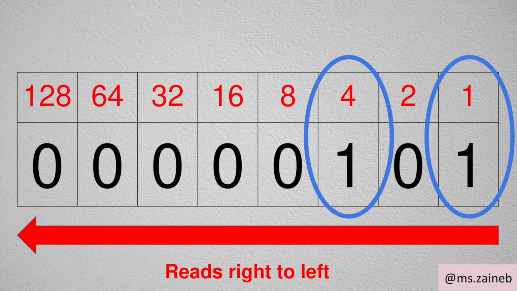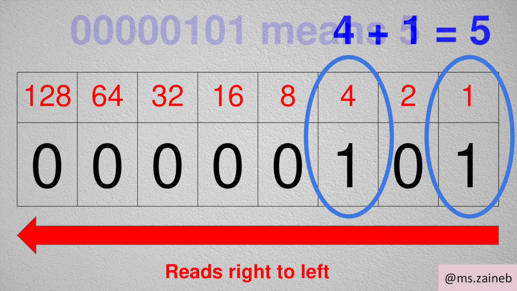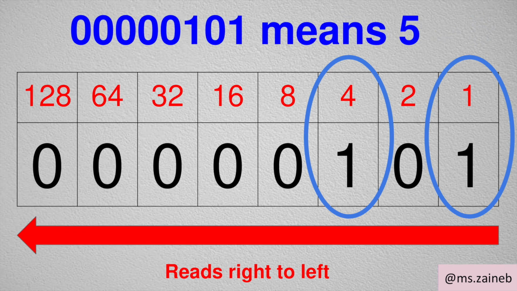Now, all you need to do at this point is just add these two numbers up. So you'd only add 4 plus 1, which equals 5. So it's easy as that. 0, 0, 0, 0, 0, 1, 0, 1 means 5. So simple. So it's just the idea of adding up the two positional numbers, which will get you the answer.